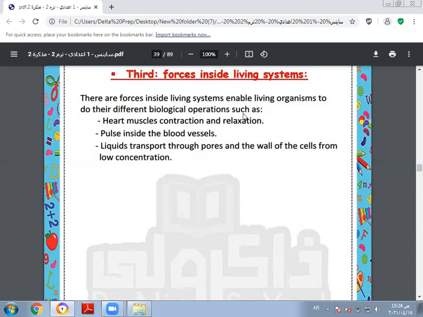These forces enable living organisms to do their different biological operations and keep their survival and vitality.